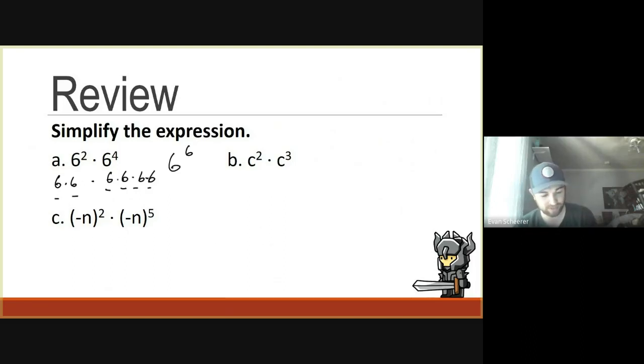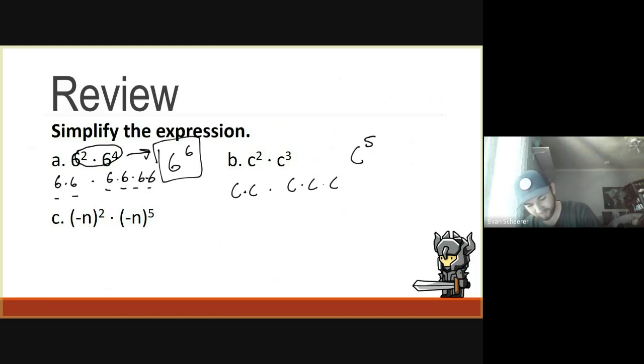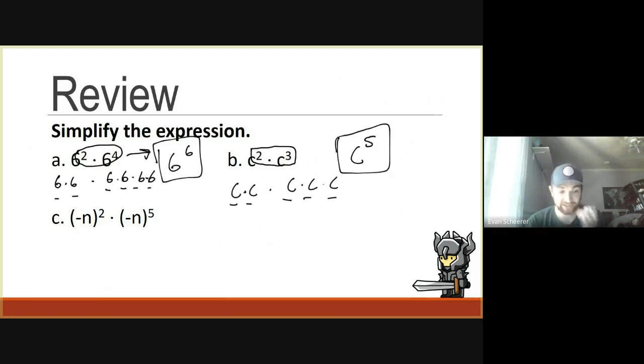I want you guys to look at the resemblance to get there. Okay? C squared, C times C times C times C times C. So that's C to the 5th because it's 1, 2, 3, 4, 5. Look at the resemblance right here. And then the last one.